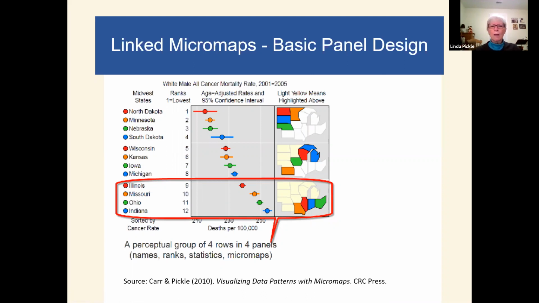These groups allow the user to focus on only 4 or 5 states at a time, to look at little chunks of this graphic. It simplifies the cognitive tasks that they have to do, and it allows us to reuse color. So you see here, red is North Dakota in that grouping, and it's Wisconsin in this one, and it's Illinois in this one. So that's okay because the reader is using one grouping at a time.